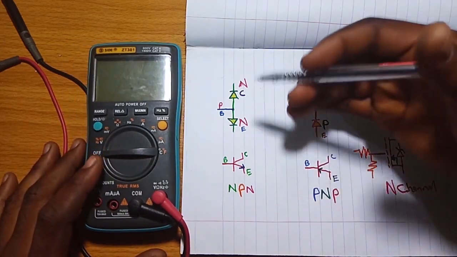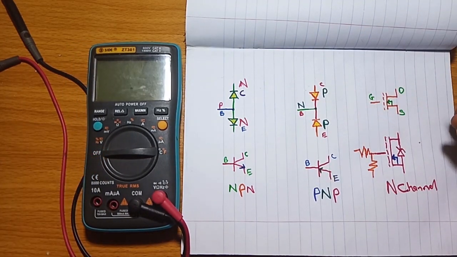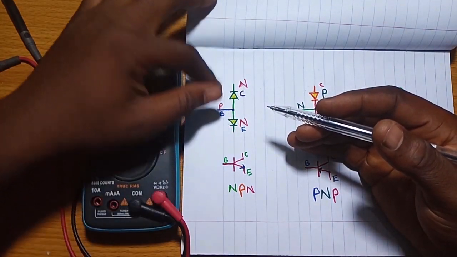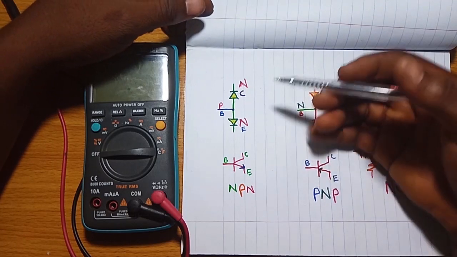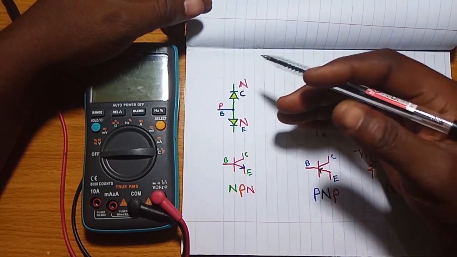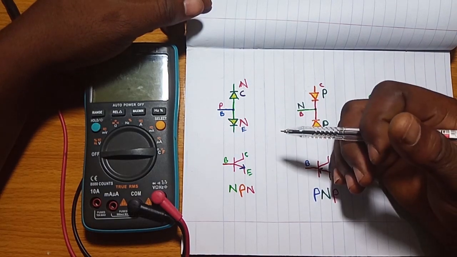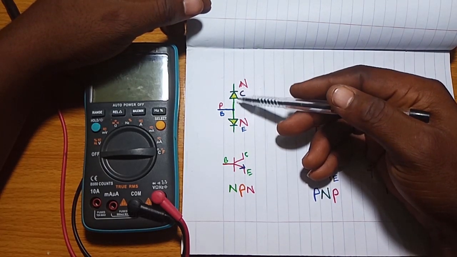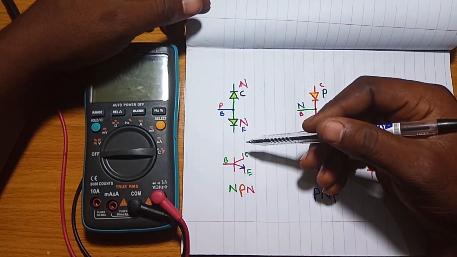First of all, let's go to the theory aspect before we go into the practical aspect. This is the equivalent circuit of a transistor. Once you bring any transistor, all you need to do is just to draw this equivalent circuit if you have the time to draw that.